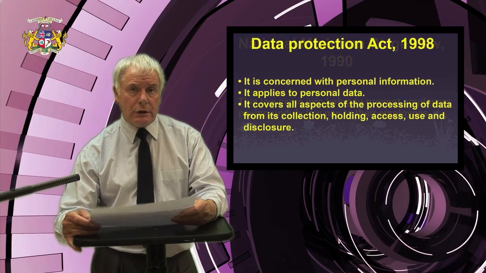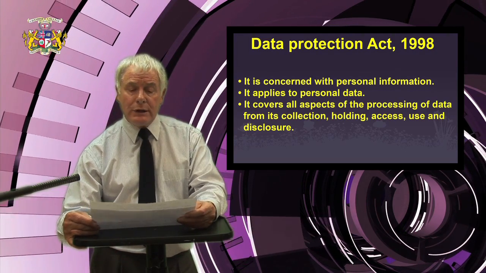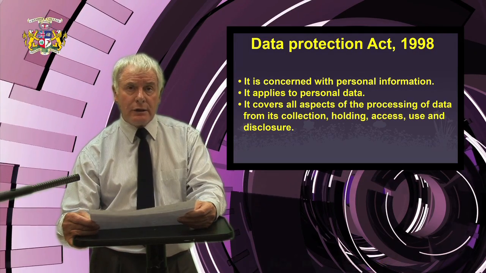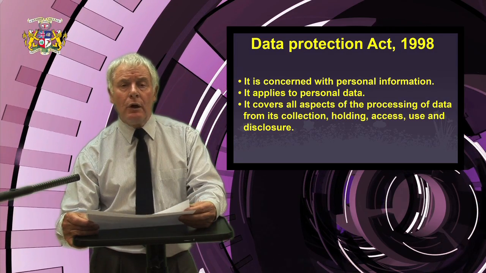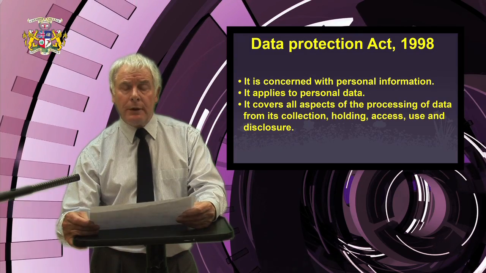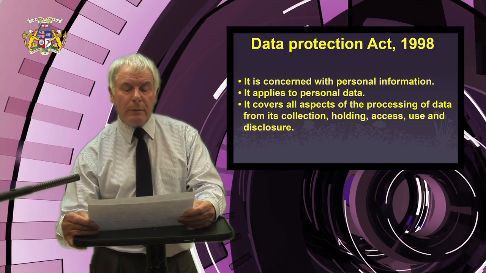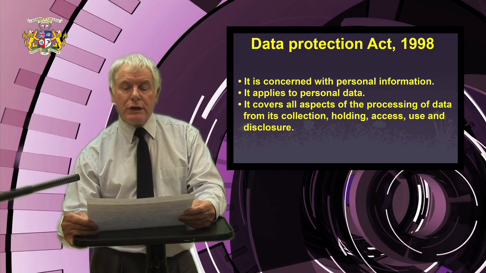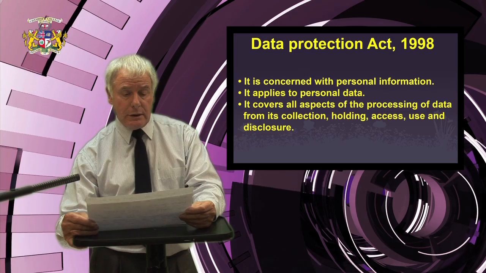And finally, the last one I'll mention in this introduction is the one referred to as the Data Protection Act, 1998. This is the second of those laws. The other one earlier had to be updated. And it is concerned with personal information. It gives greater rights of access and limits the information that may be collected.